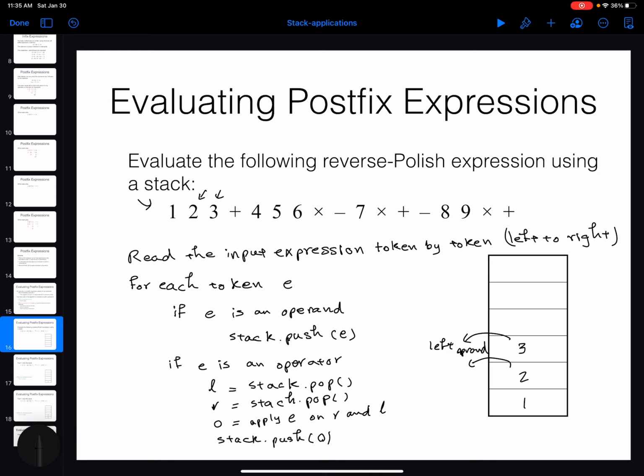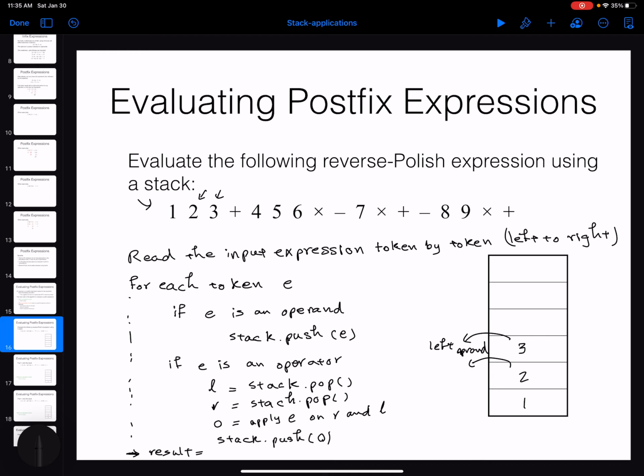At the end, when you are done with reading the whole input, the whole result is going to be in the stack. You just pop it out and this is going to be the result, right?